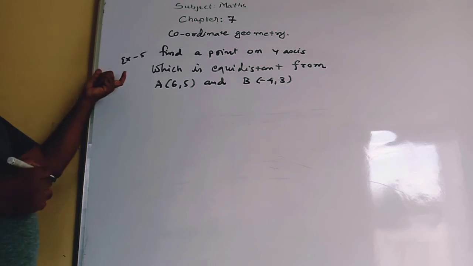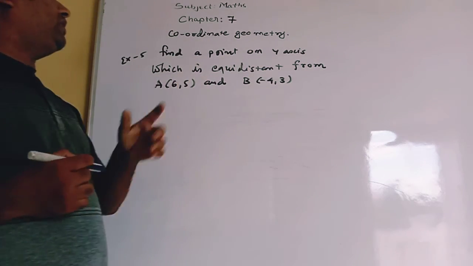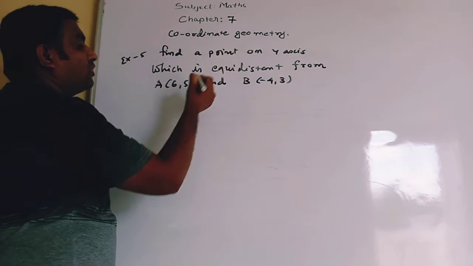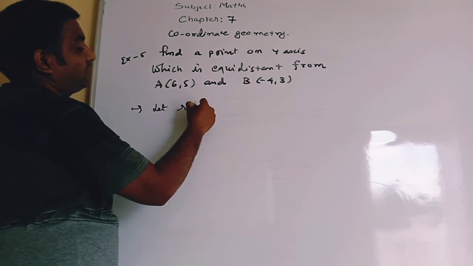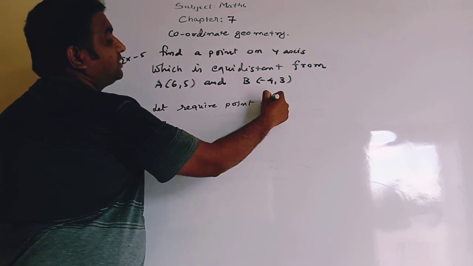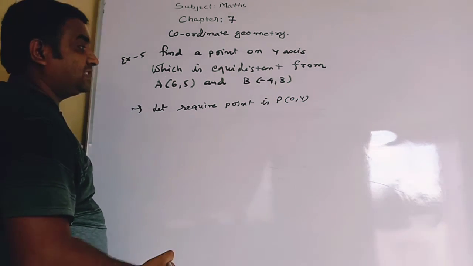Now we have example 5: find a point on the y-axis which is equidistant from A(6,5) and B(-4,3). So we have the point is on the y-axis, so let the required point be P(0,y) because it is on the y-axis.